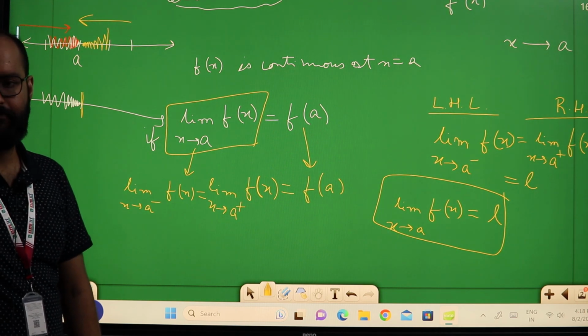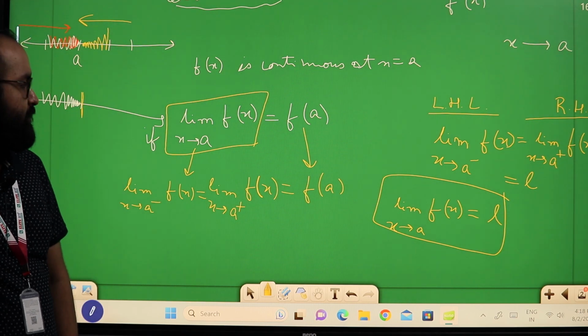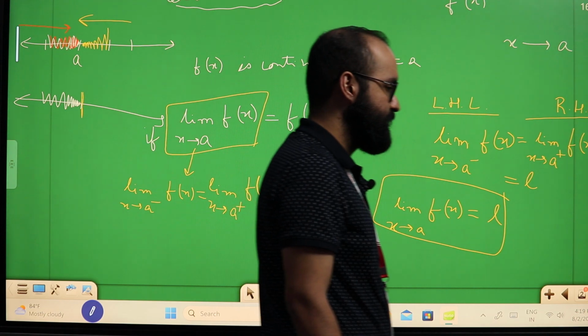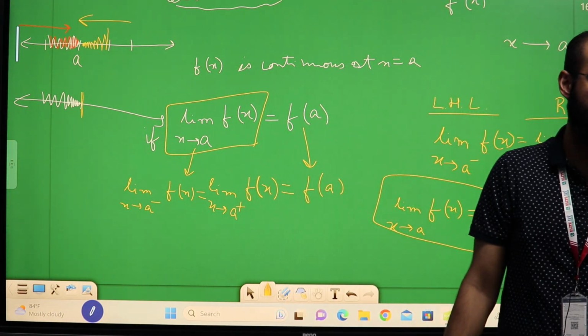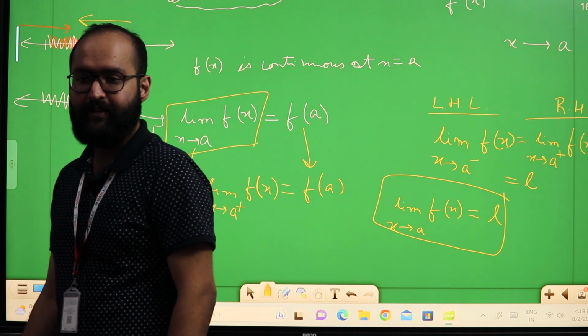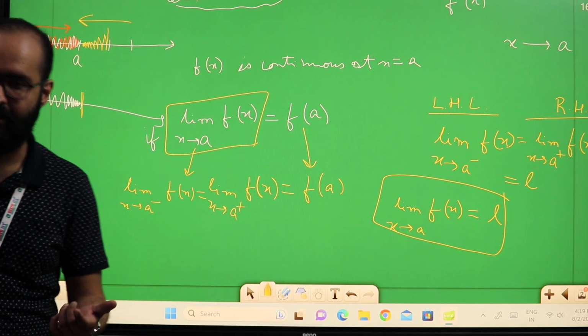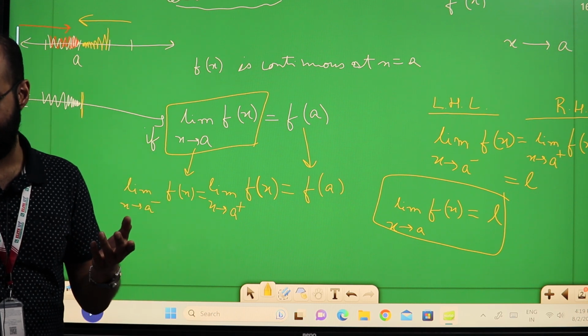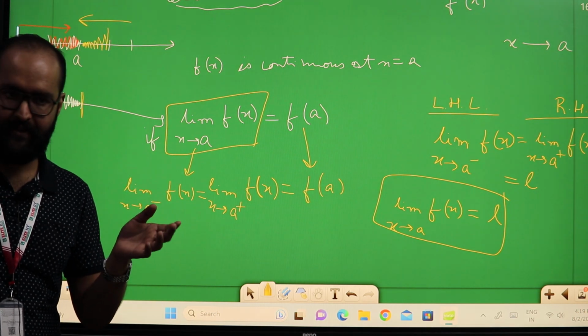Any questions till now? We can use any one of these definitions. Basically, the first one is the definition of continuity. The second one is the expanded form. In the expanded form, when does the limit exist? The limit of a function f(x) at any point x equal to a exists if the left hand limit when x goes to a is the same as the right hand limit.